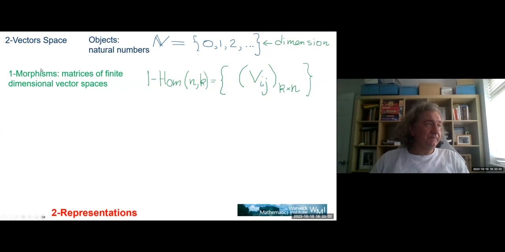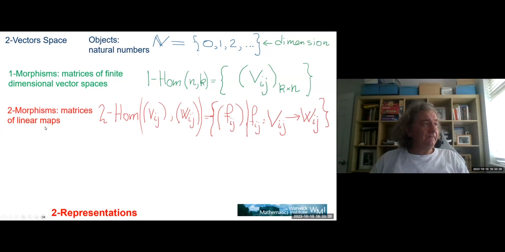One-morphisms, then, are matrices of finite dimensional vector spaces. So a morphism from N to K. I think of standard vectors as columns. So this is a K by N matrix, but each entry of this matrix is a vector space.